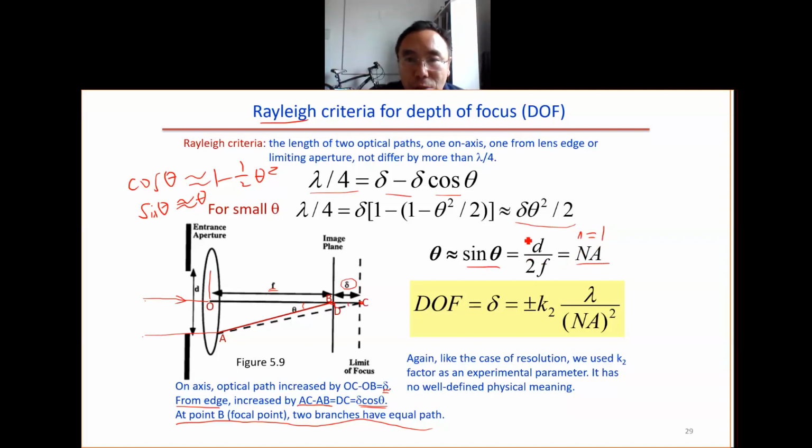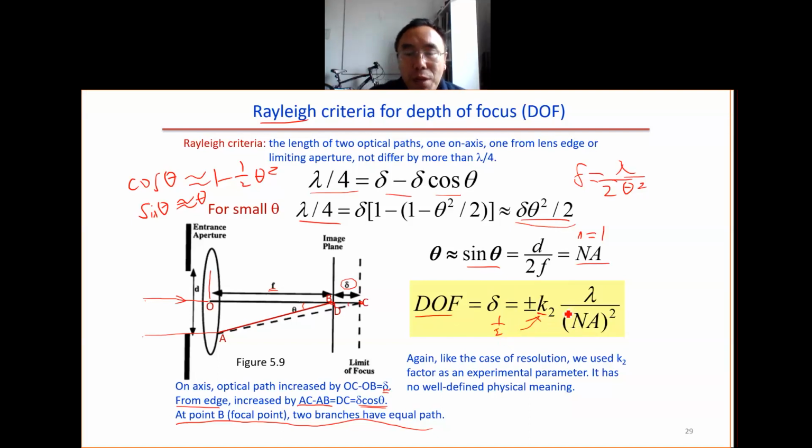Then you can find out the depth of focus delta. Delta equals lambda over 2 theta squared, so equal to lambda over NA squared, where theta is NA, and the 1 over 2 is replaced by this K2 value.